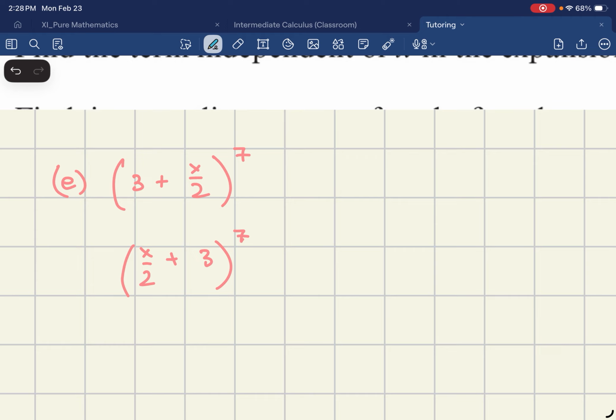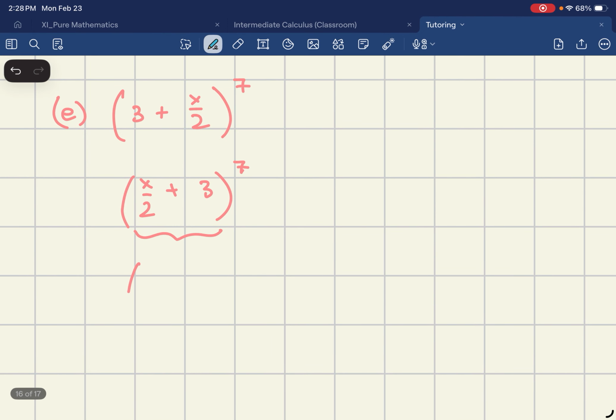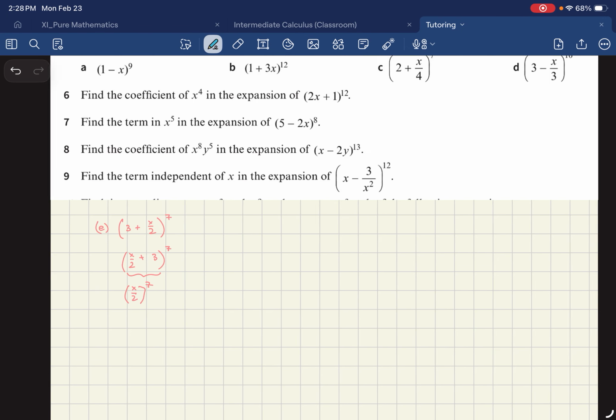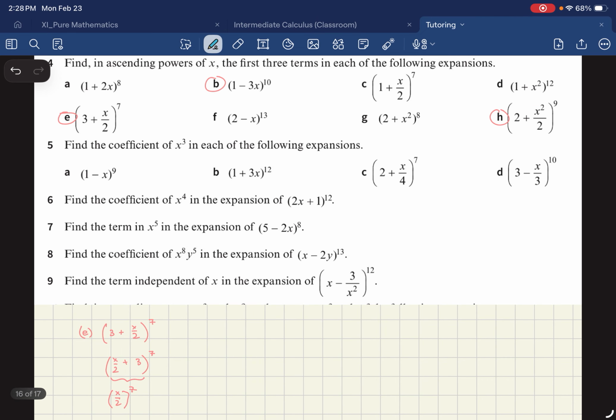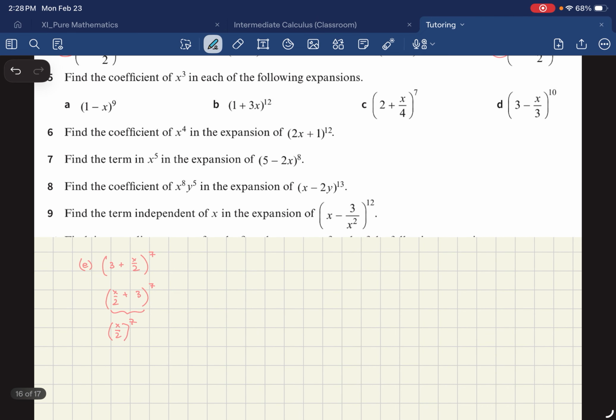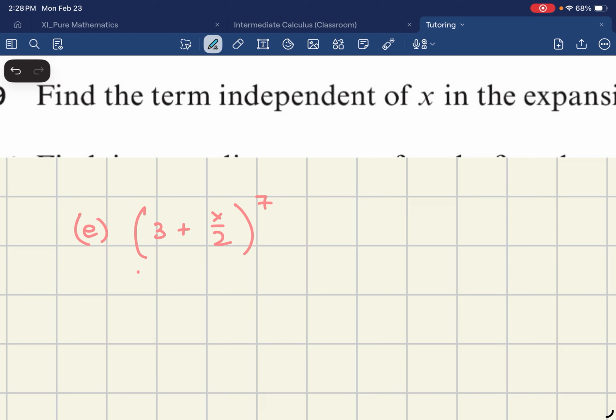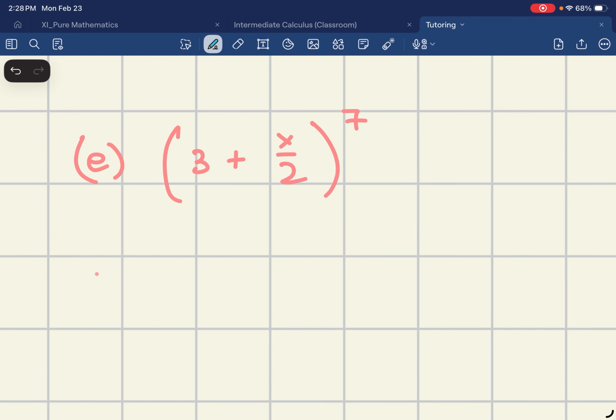So if I switch the order and I expand this, I'm going to start with the highest power of x, right? So if the question said descending powers of x, I would want to rearrange my terms. If it's ascending powers of x, then this way will be the correct way, because I'm going to start with x over 2 to the power 0, and then I'm going to go to x over 2 to the power 1, and so on. So ascending means in the increasing powers.